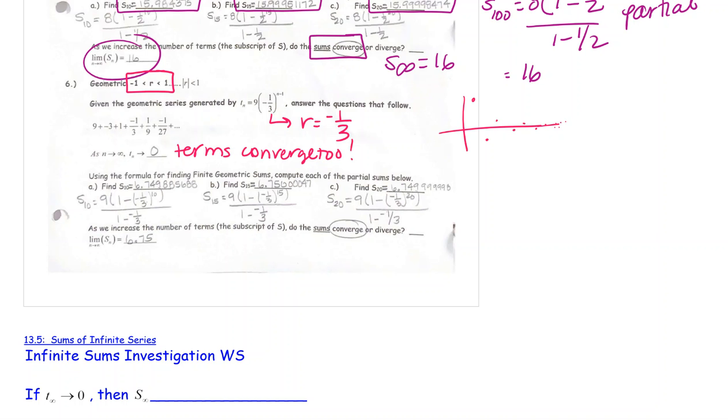And if the terms converge to 0, that means I can find an infinite sum, because eventually way down here, when I keep adding these numbers, the numbers are so small that they're practically 0 and they're not going to change your sum anymore. So take a look here. S sub 10 is 6.749. S sub 15 is 6.75.